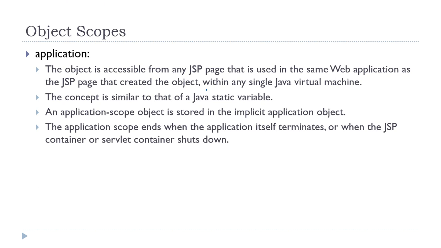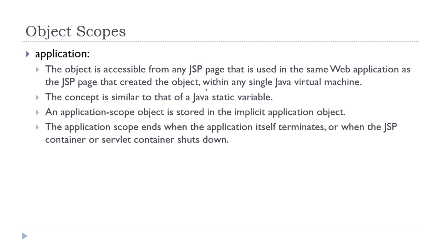The fourth scope of a JSP is the application scope. The application object is accessible from any JSP page that has been created in our web application. There might be n number of JSP pages in our web application, and all of them can access the application object.